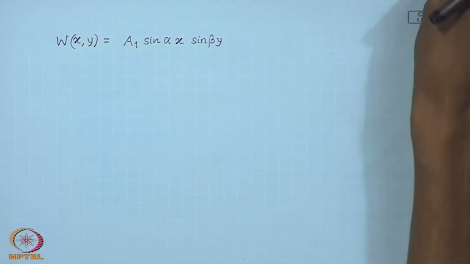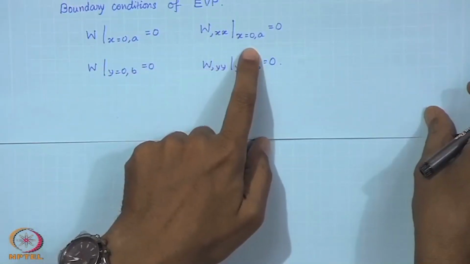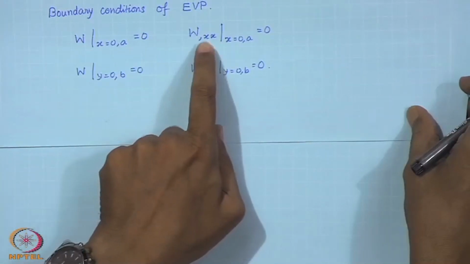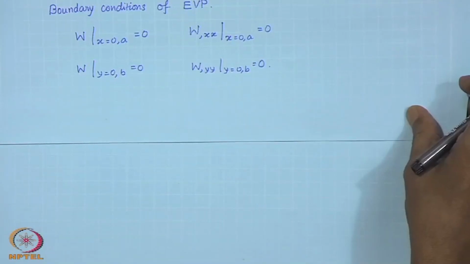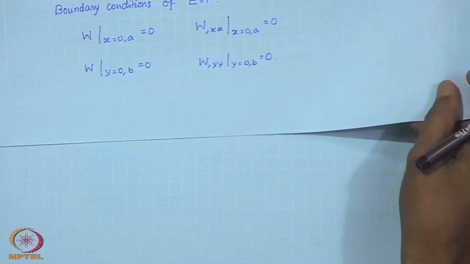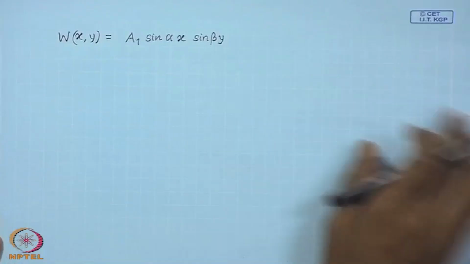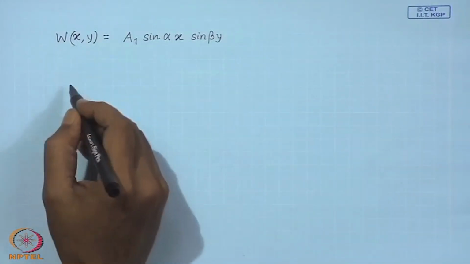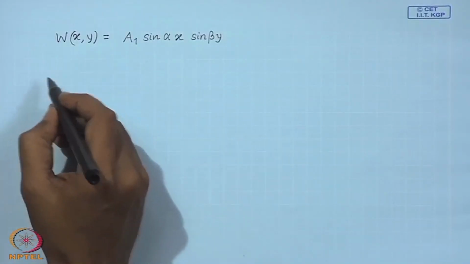Now, here we have used the conditions for x equal to 0, the displacement and the double derivative of the displacement, and again y equal to 0, the displacement and the double derivative of the displacement. So, we have some further boundary conditions which we must satisfy with this equation.